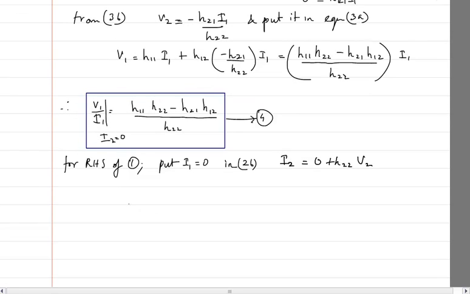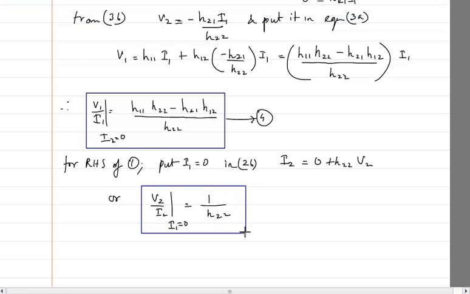or V2 by I2 when I1 is equal to 0 is 1 divided by H22. This is my fifth equation.